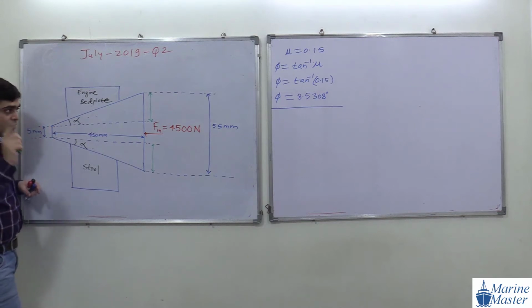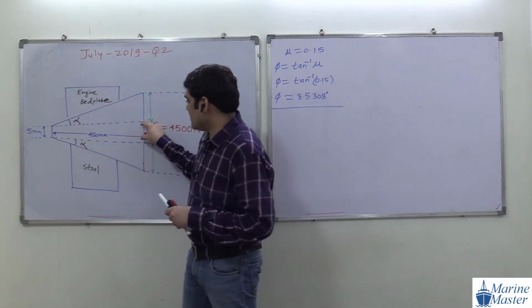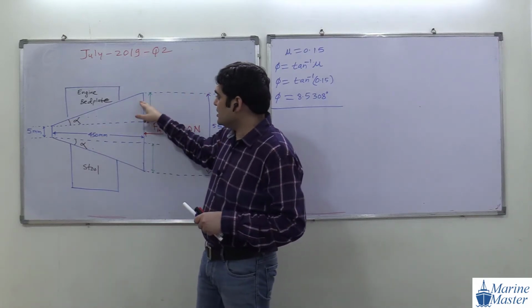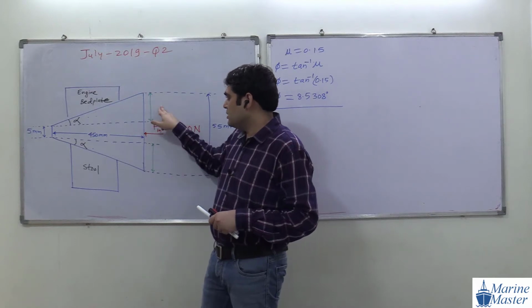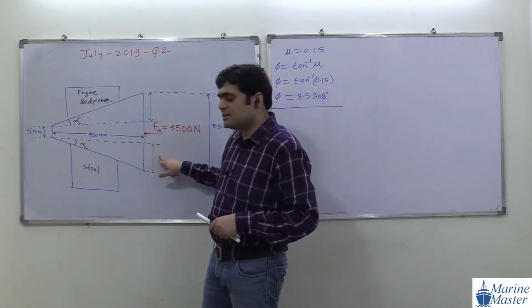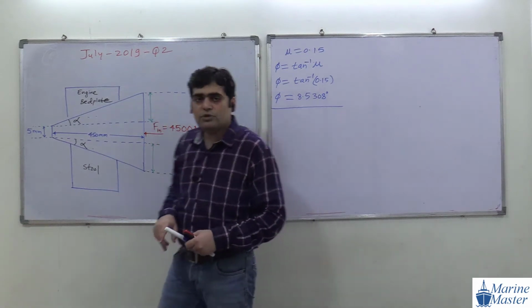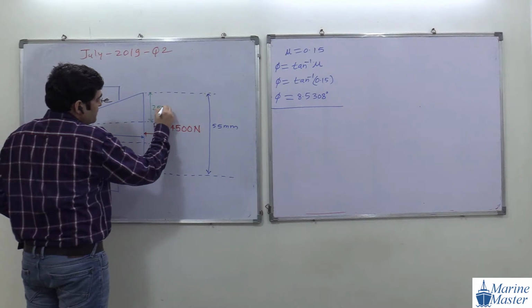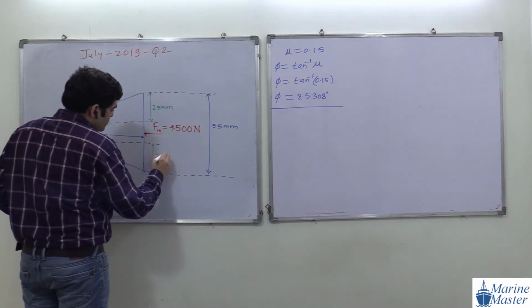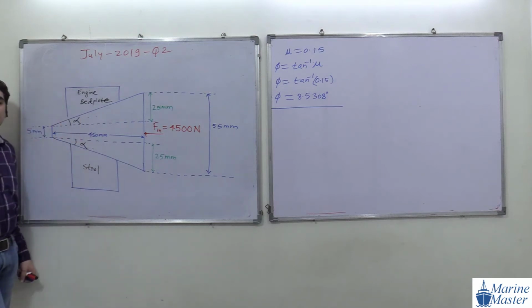Correct. Very good. So 55, we will subtract 5 from that. So the summation of these two distances will be 50. This one plus this one is 50. So this will become 25 mm, and this will also become 25 mm. Any doubt in this 25 mm?